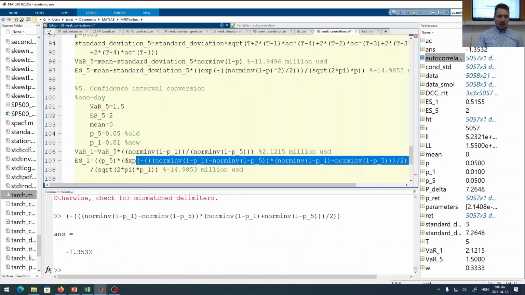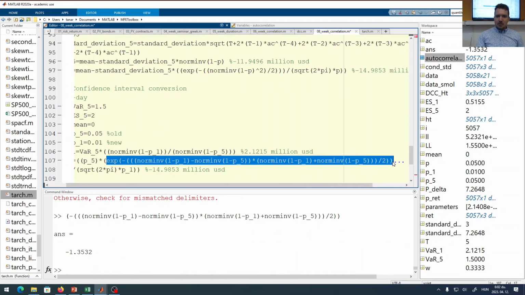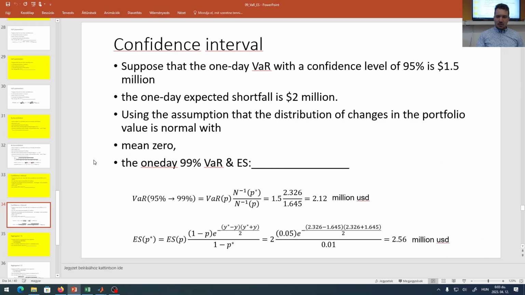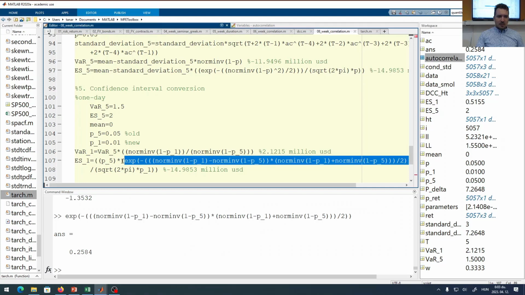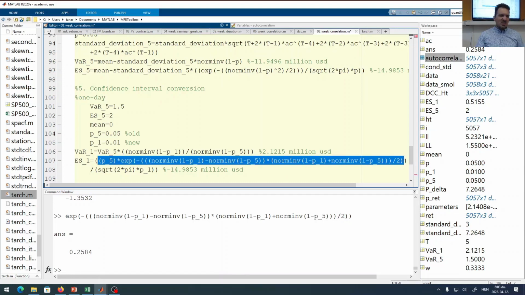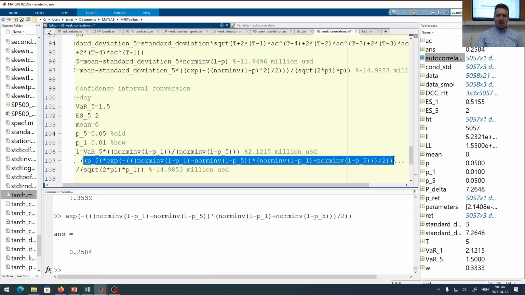Okay, then we have the exp. But then this bracket is also not necessary, because still we are on the top. But in this case it doesn't matter, because we are multiplying something and dividing, so it doesn't matter while this is happening.